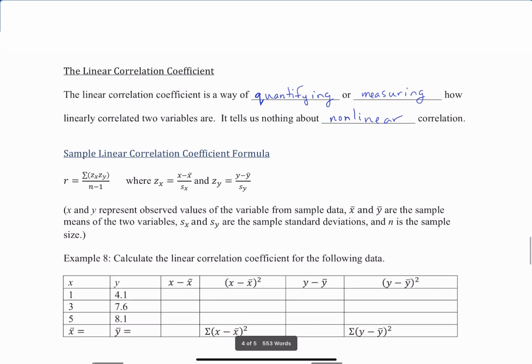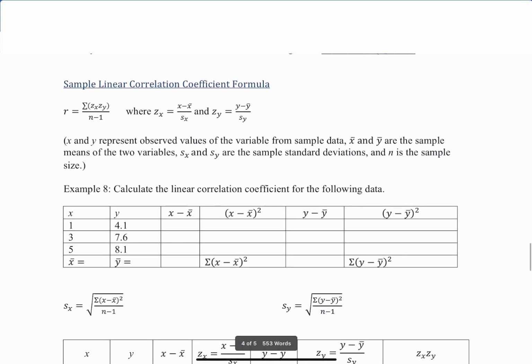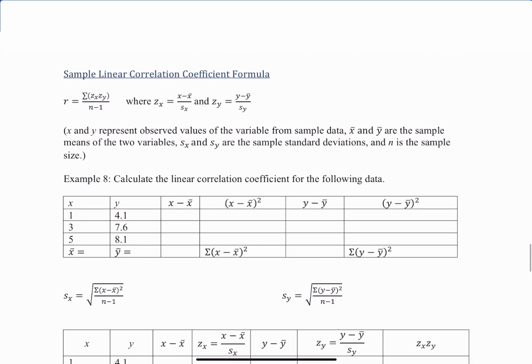Here's the formula for the linear correlation coefficient for sample data. That coefficient is called R, and the way it's calculated is you take the product of the z-scores of both variables for each individual value of the variable, you add up those products, and then you divide by the sample size minus 1.